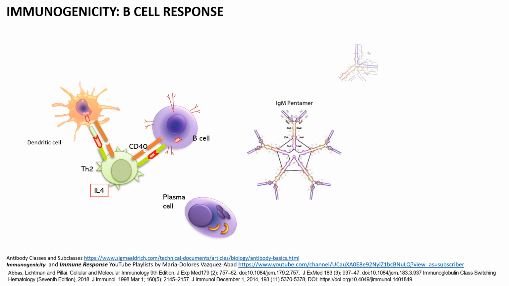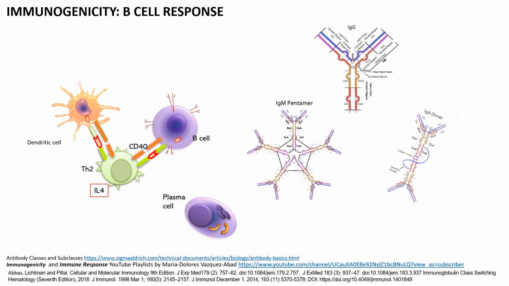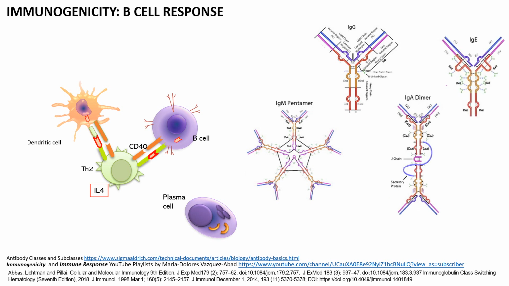These antibodies can be IgM, IgG, IgA, or IgE, but all of them, independently of the isotype, also known as the antibody class, will bind the original drug, the same drug that triggered all of these events.